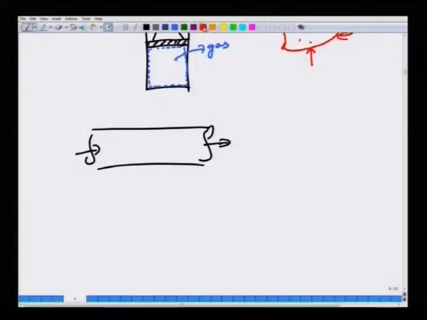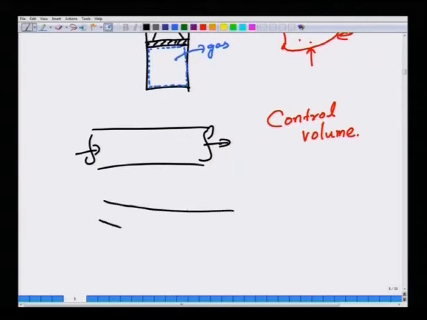So, what is normally done in fluid mechanics is to use what is called the control volume approach. The control volume is a fixed location, fixed region in space of interest to us. For example, you may have a flow manifold like this.